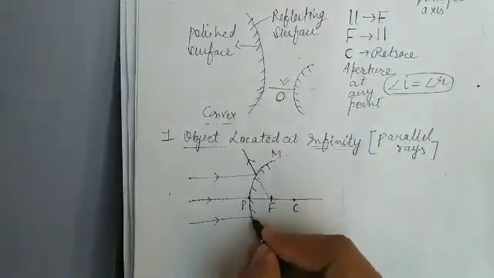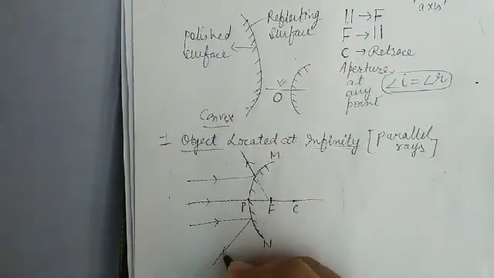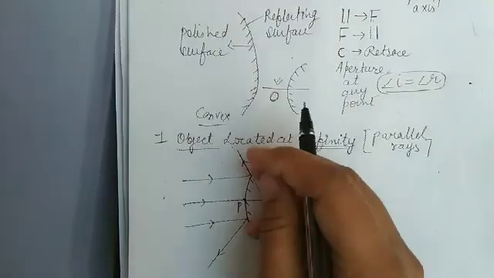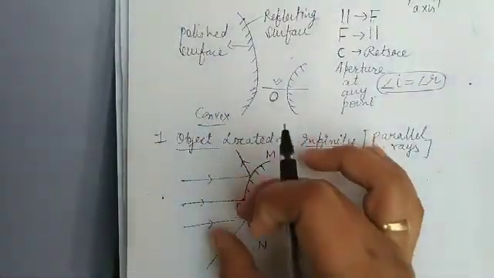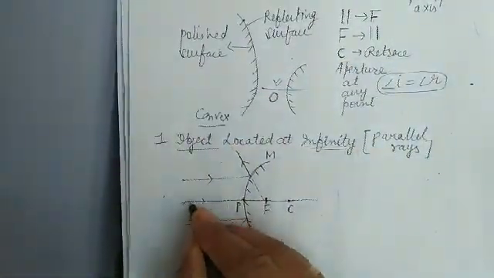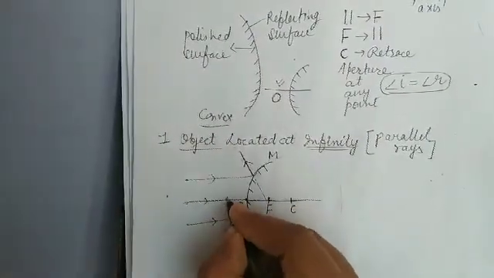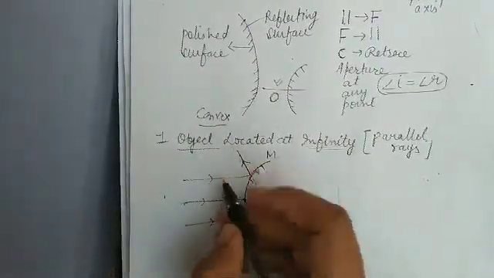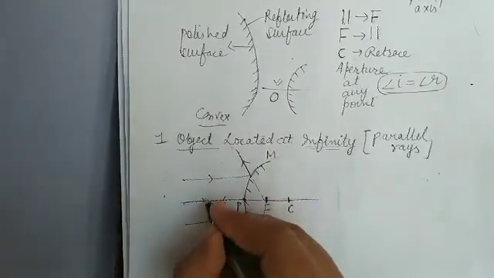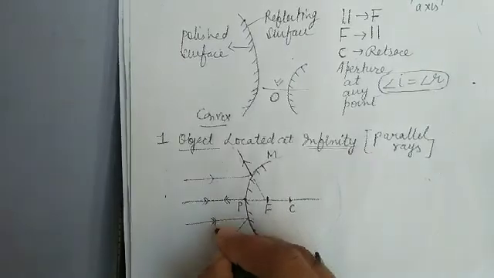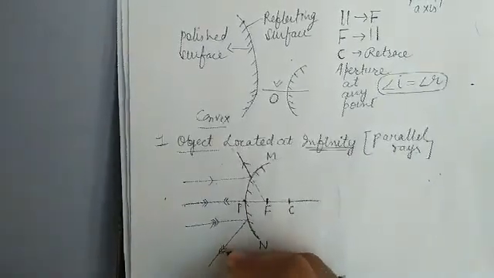Same on this side. Okay, we are observing that they are moving in the outward direction in an expanded way, and this one ray is passing through the center of curvature, so it will retrace its path. To distinguish these three rays, I am marking here 2 arrows and 3 arrows.